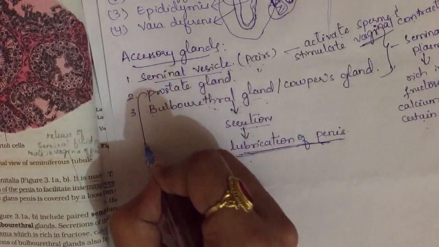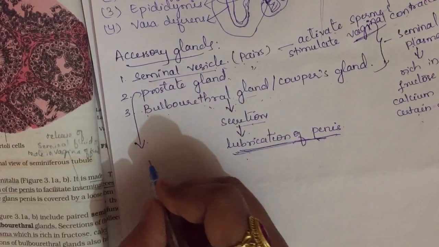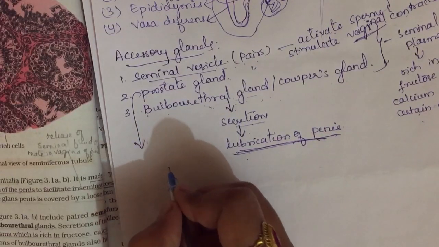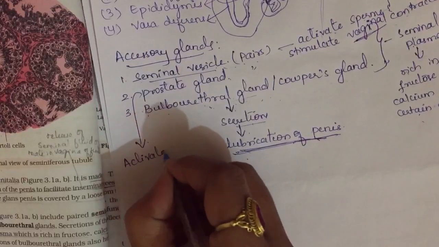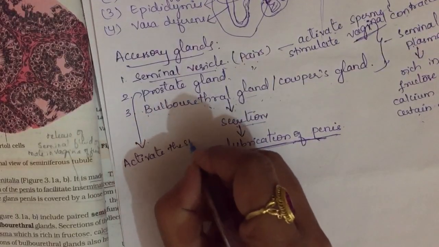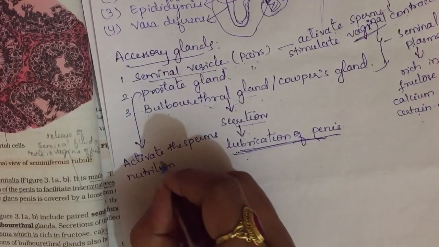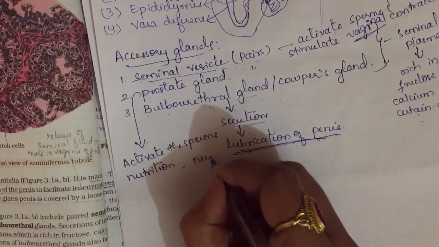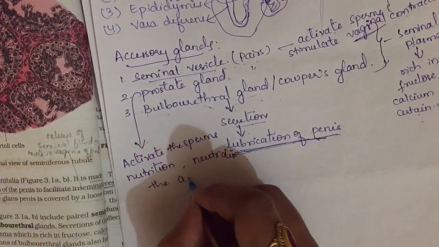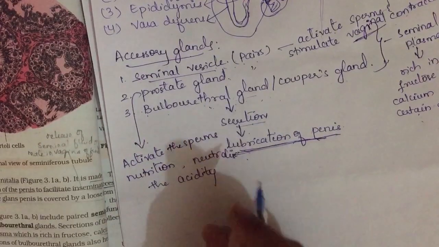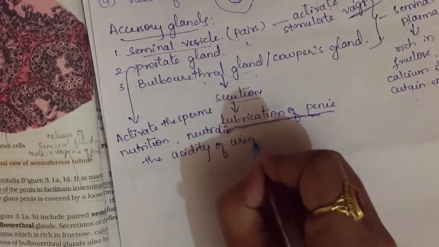Next we have the prostate gland. The prostate gland is used to activate the sperms, provide nutrition to sperms and neutralize the acidity of urine. Okay, acidity of urine, not sperms.